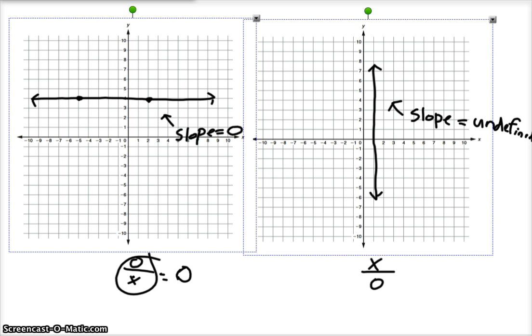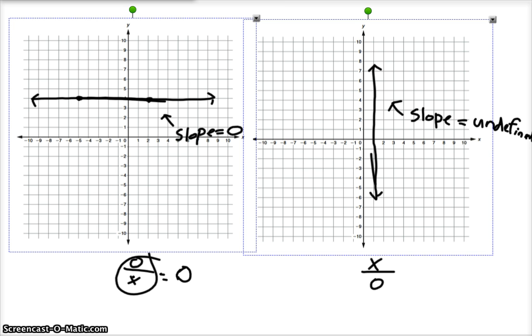Undefined. That's what we write. It is undefined. We can't actually divide any number by 0. That's when you get to some really weird mathematics that is way above my level of understanding. So straight up and down, slope equals undefined. Horizontal, across, straight, slope equals 0.